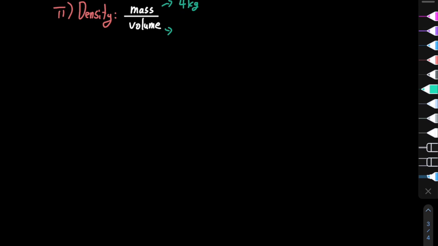So for example, 8 centimeters cubed. In this case, if we divide it by 2, it would be 0.5 kilograms per centimeters cubed. So that would be an example case of how we measure density.